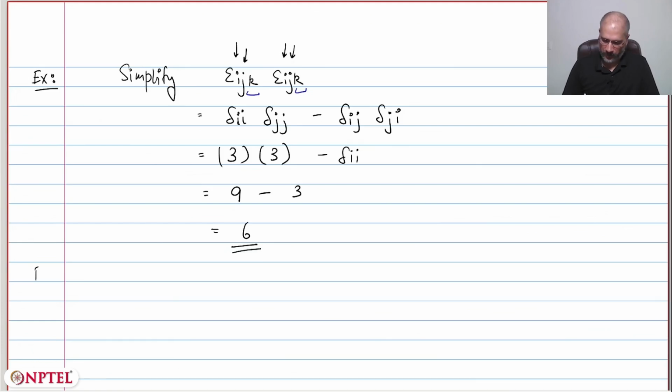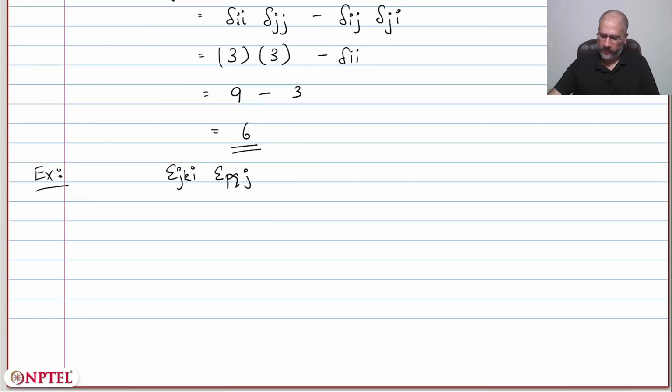Let's try another example. So we have epsilon jki times epsilon pqj. Now let's take the last index. Well, in this case, the last index is not the same, so we will have to make it the same. And the way we do it is because we know that if we ensure the same order of indices, they can be moved around.